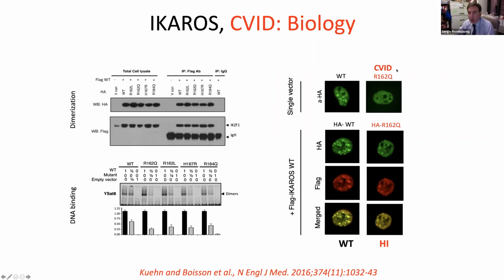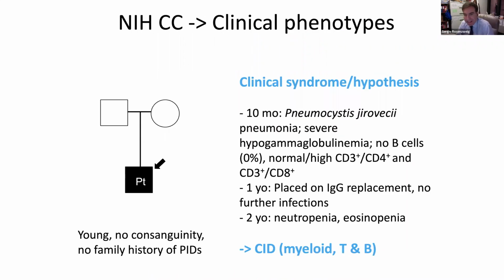So that's why we conclude that the CVID model was related to the haploinsufficiency mechanism of action, with patients progressively losing their B cells and their immunoglobulins, and their B cells were all mature memory B cells. But this is not the only model that we have shown and described associated with IKAROS mutation.